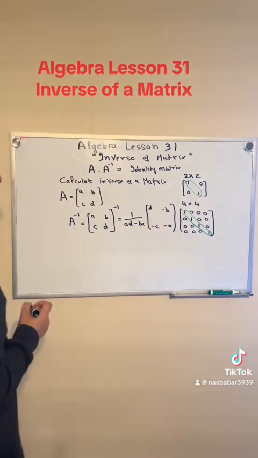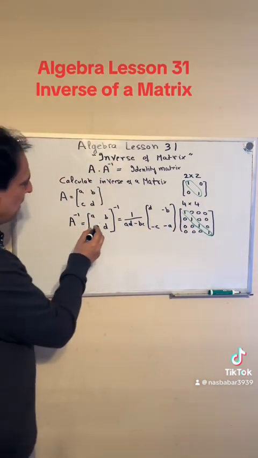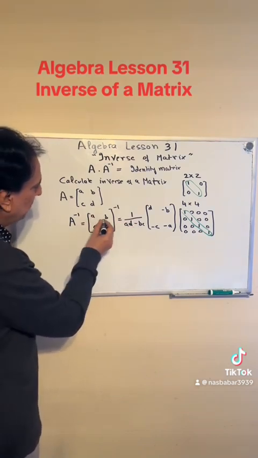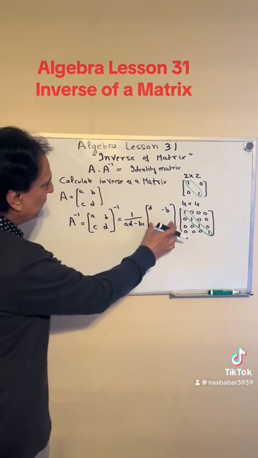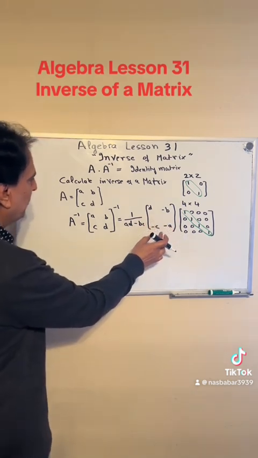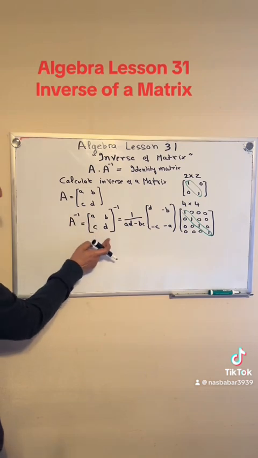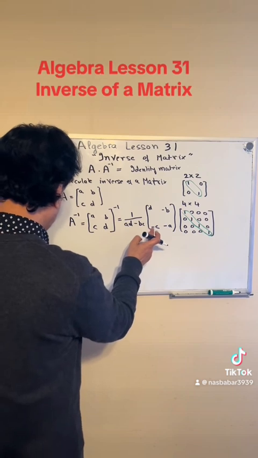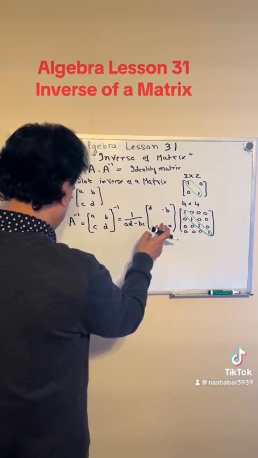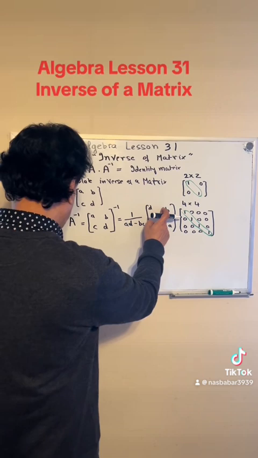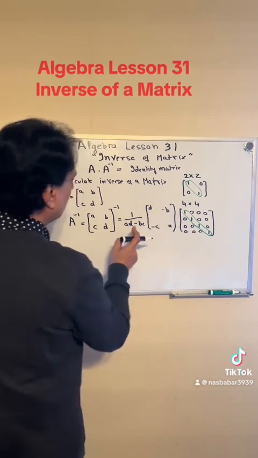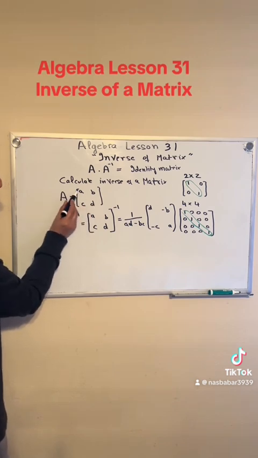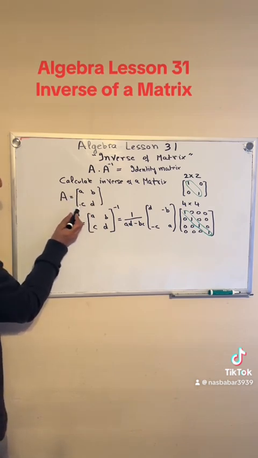If you notice, what we have done is 1 over A times D minus B times C, and then we have flipped A and D. This one right here is going to be minus B. So A takes D's position, D takes A's position, and for B and C we just change the signs.